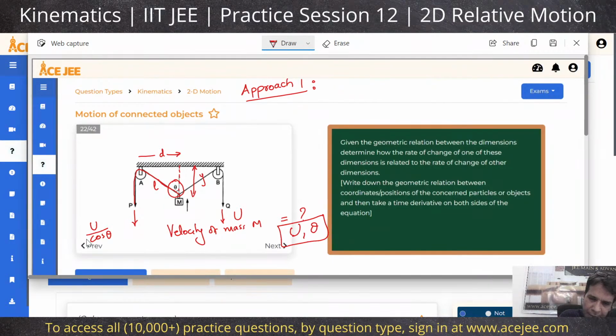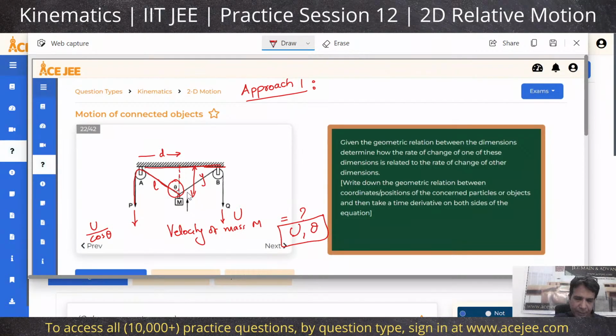Approach 1: establish the relationship in the linear variables, not the angle theta, but linear variables. So what are the different variables here? Distance y, the distance of mass M from, let's say, the roof or the ceiling.